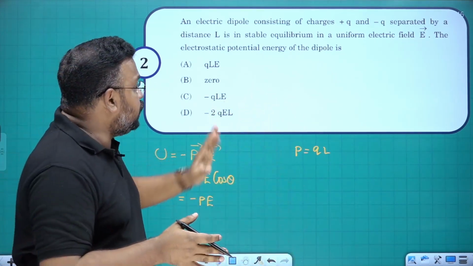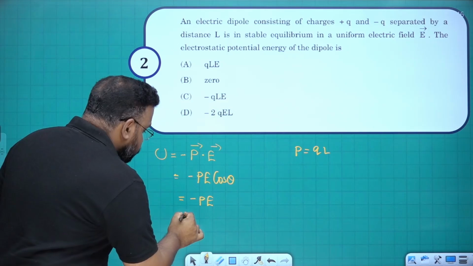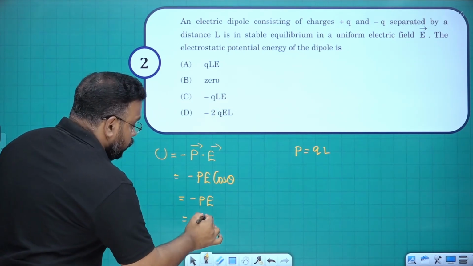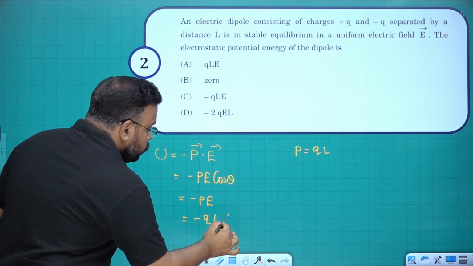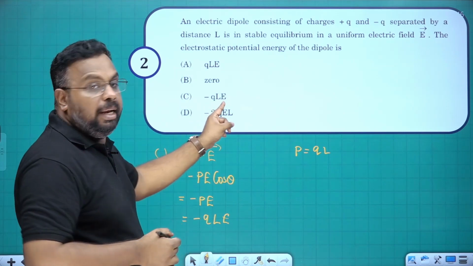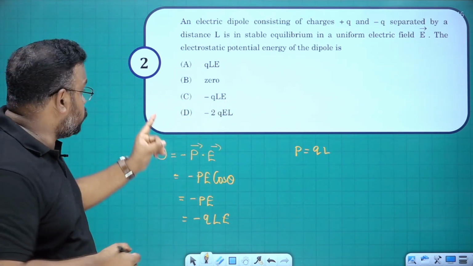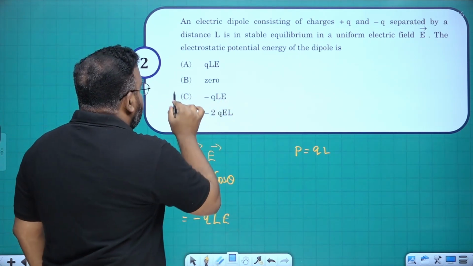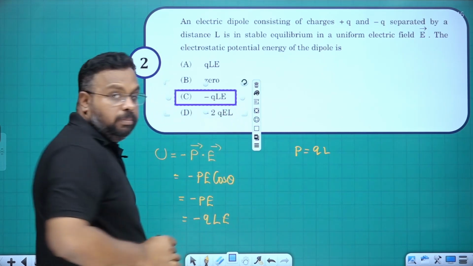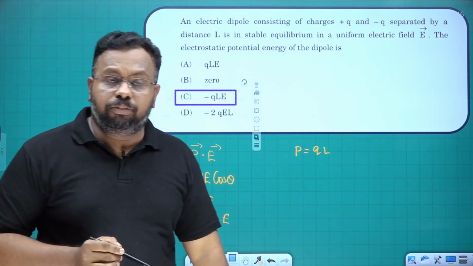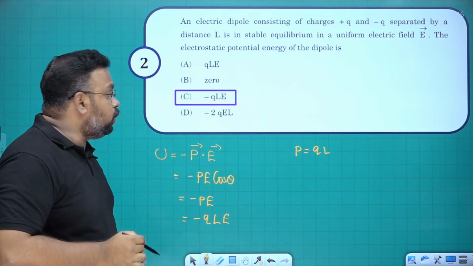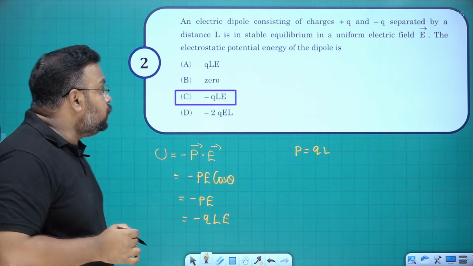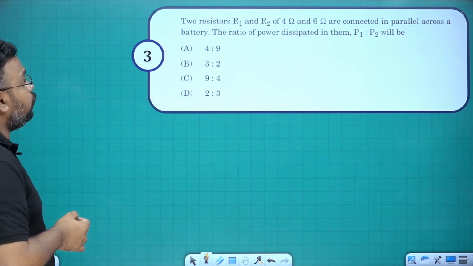But here the distance of separation is L. So if you substitute that, we get minus of Q into L into E. Minus QLE. That is the answer for this question. It is option C. Another simple question from the first chapter, electric charges and fields, about potential energy of a dipole. Okay, so let me go to the third question now.